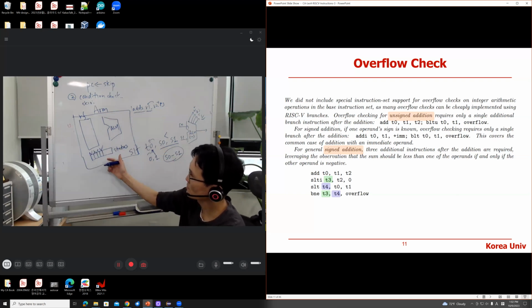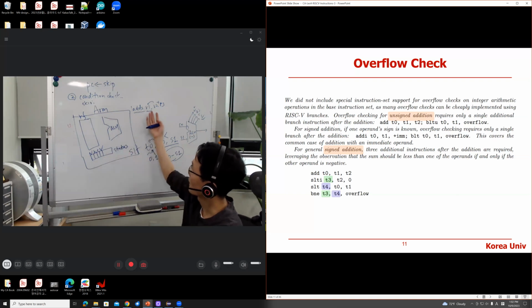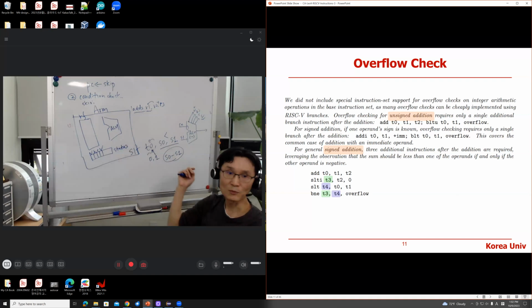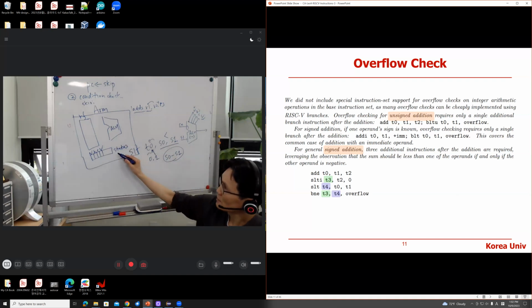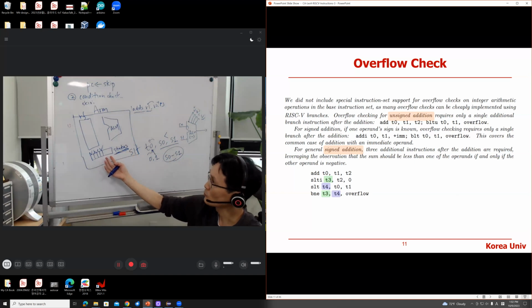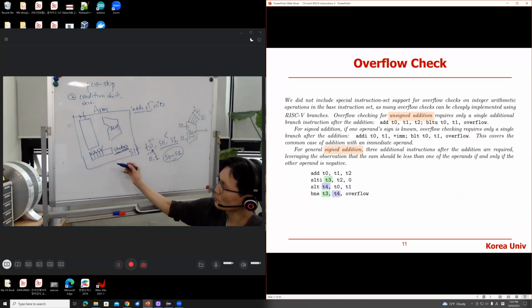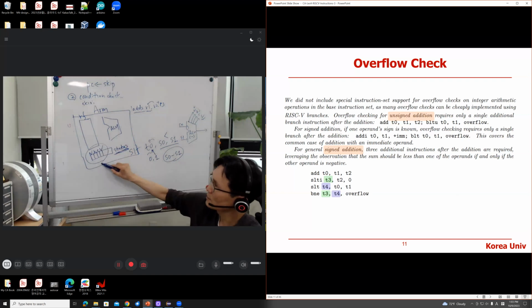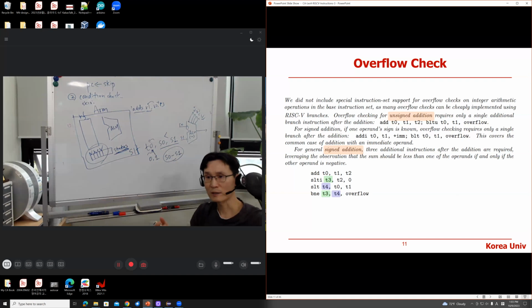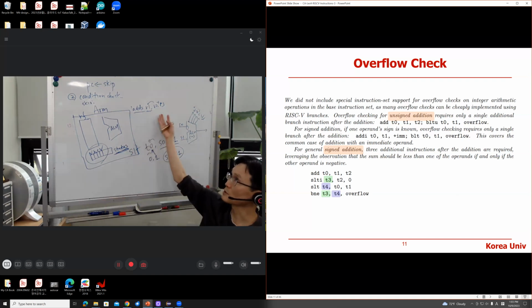Those flags are updated based on the addition output. And this is a status register, so you can access the status register to check those flags. Using software, you can read those flags to check if overflow or underflow happened during this addition operation.